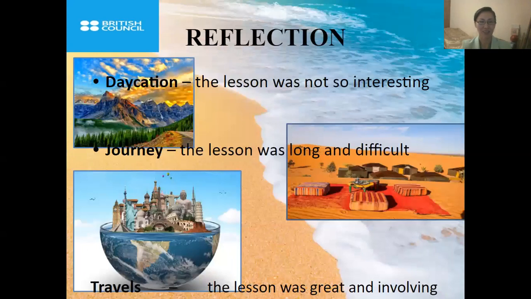And the reflection of the lesson. Daycation, like you go somewhere and come back on the same day, like the lesson was not so interesting, okay? And the journey, the lesson was long and difficult, like being in the Sahara Desert, all right? And if you mark it as travels, that means, if you remember from the vocabulary, like a series of tours, the lesson was great and involving.